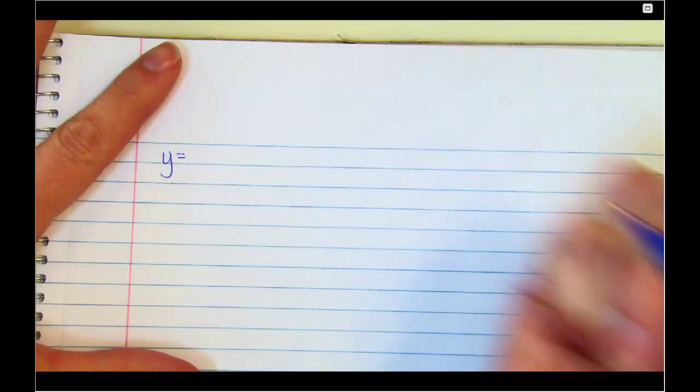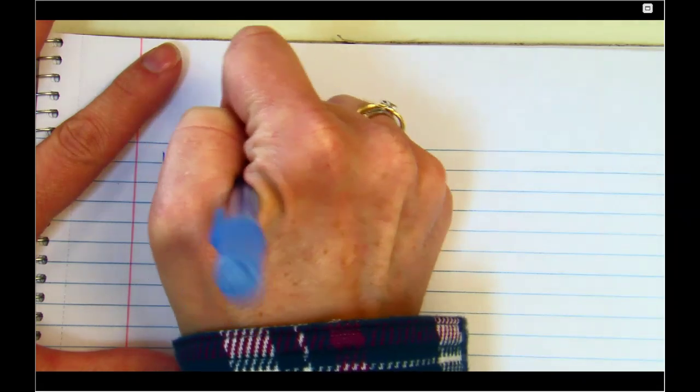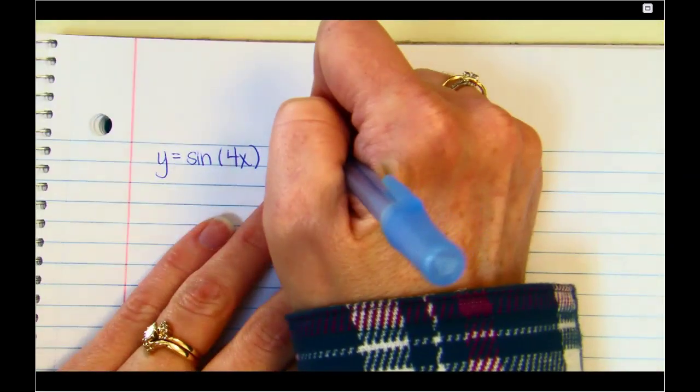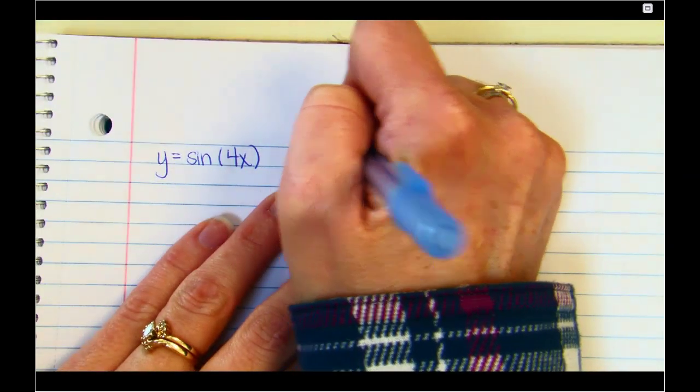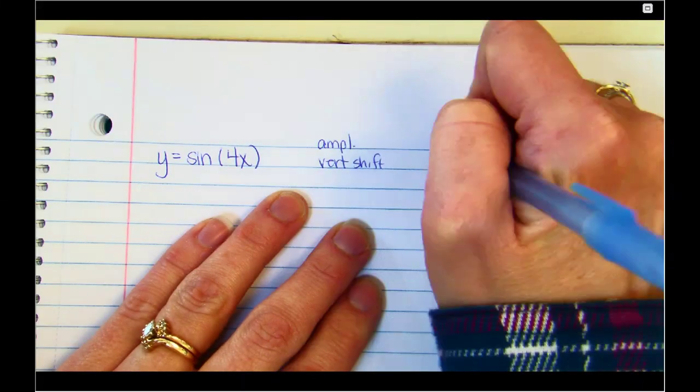Here's how this works. Let's say we are going to graph y equals sine of 4x. I'll just graph this with the changed period. I'm going to ask you about the amplitude, the vertical shift, and the period.